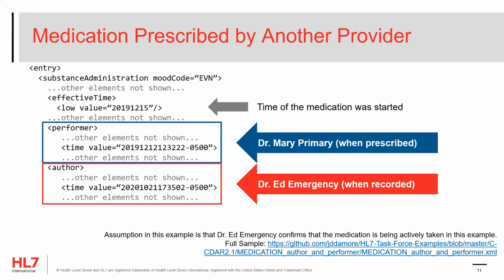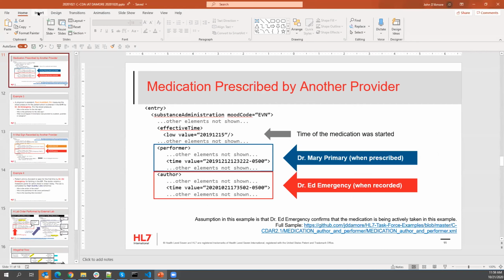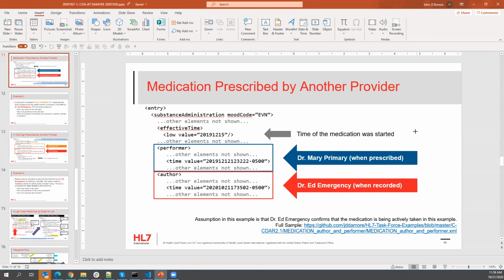And for the life of me, I am still troubled by the semantics here. How do I not believe that this is telling me that someone gave this medication? I can't see semantics that says this is a prescription versus this is actually a record of an administration of the med.